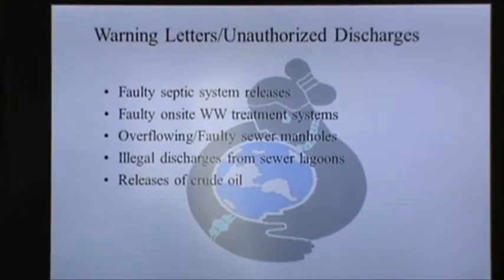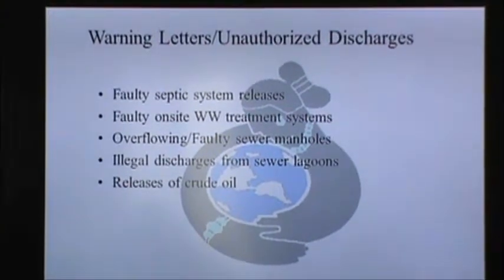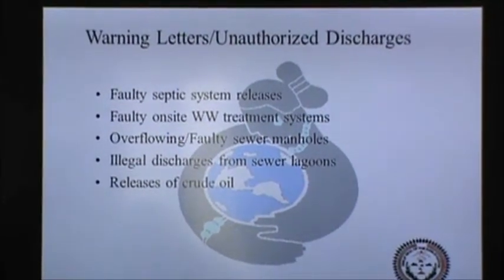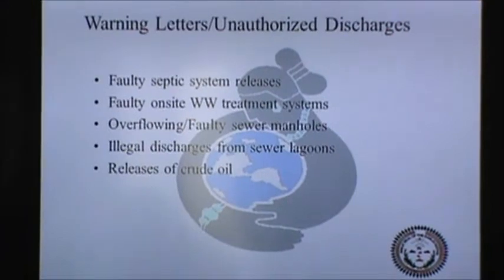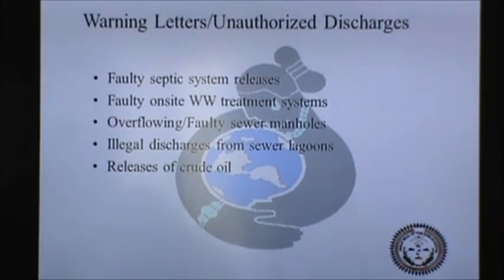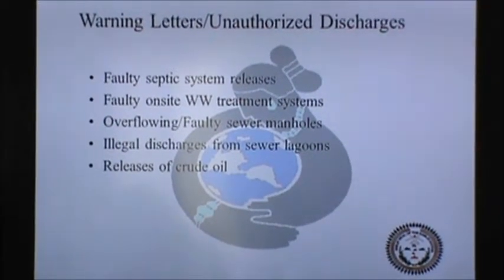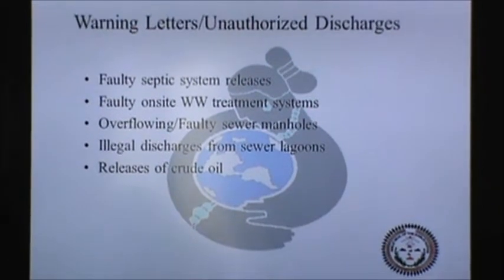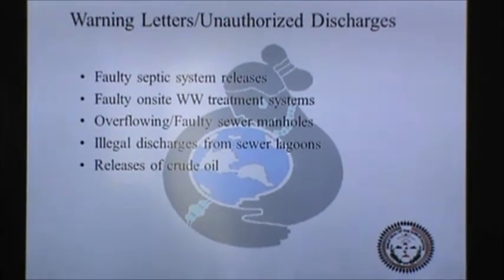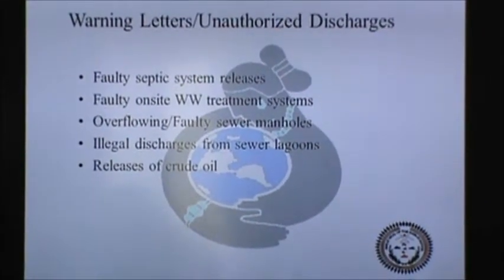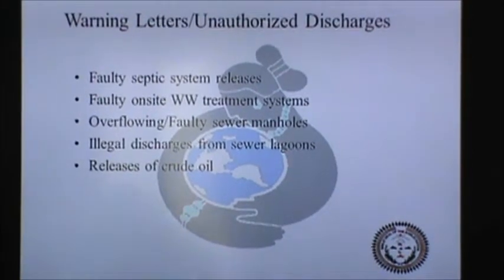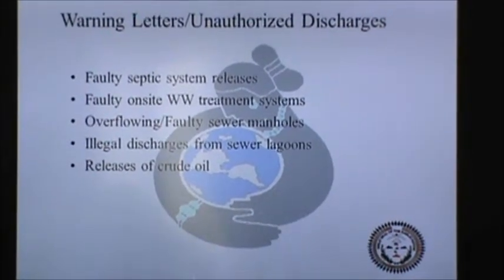The next up is warning letters. If we do the investigation and we find out there's a problem, there needs to be some action taken. We basically tell them this is what we found out and this is what we need to do. Most of it is septic systems.